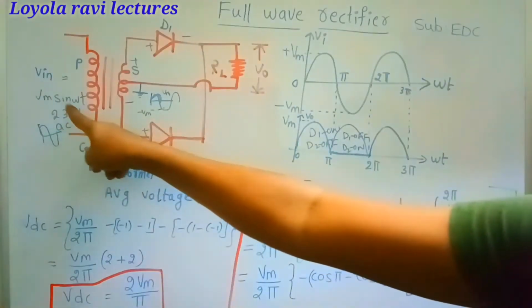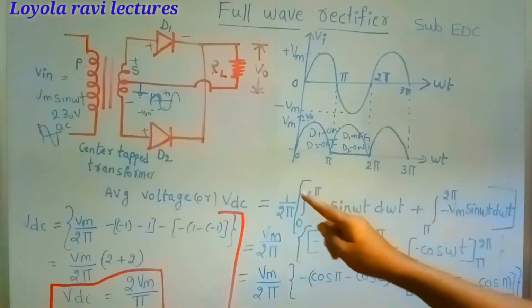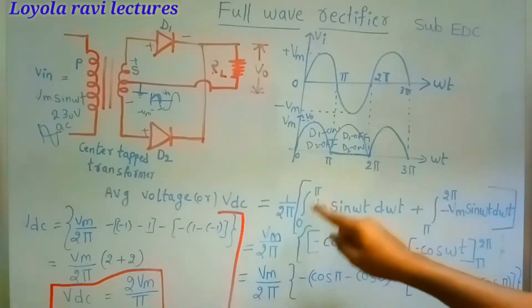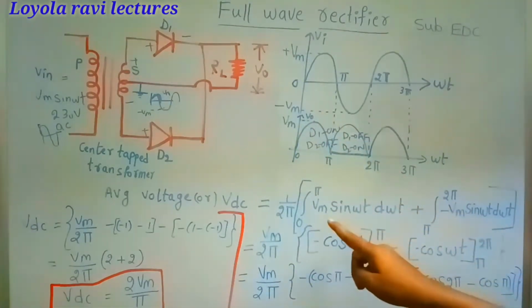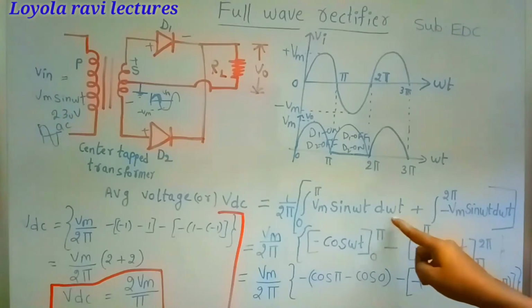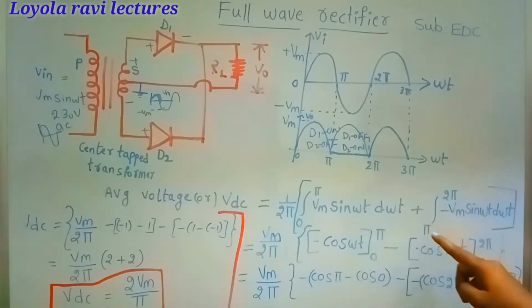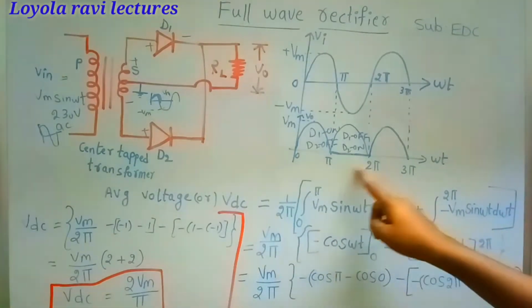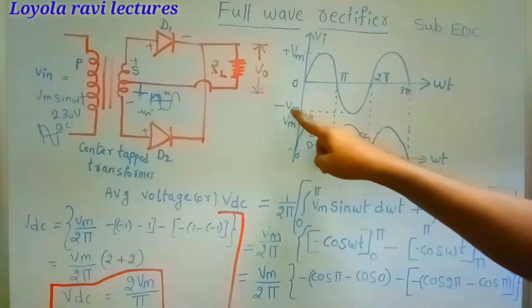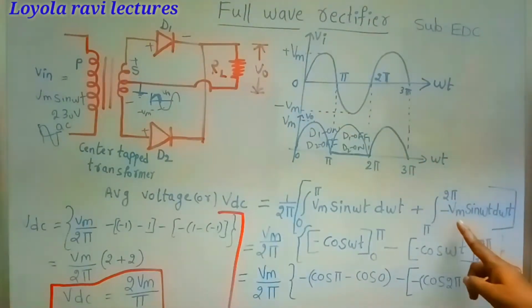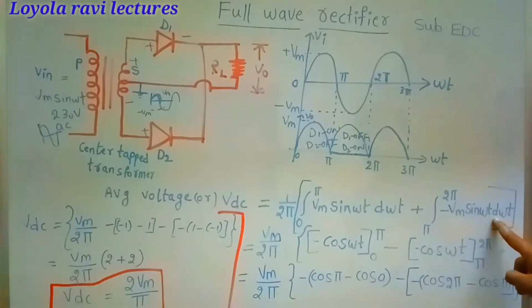Input is Vm sin omega t. That is why 1 by 2 pi integral 0 to pi, the input we get as the output. That is why I am writing the input as Vm sin omega t d omega t, plus pi to 2 pi. Again we get the same input but for the negative half cycle, that is why minus Vm sin omega t d omega t.